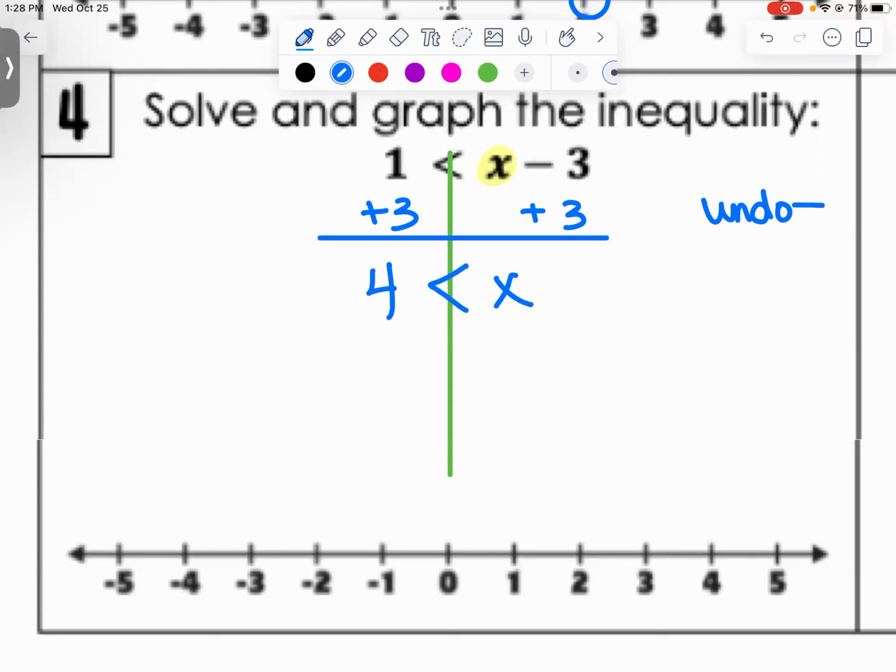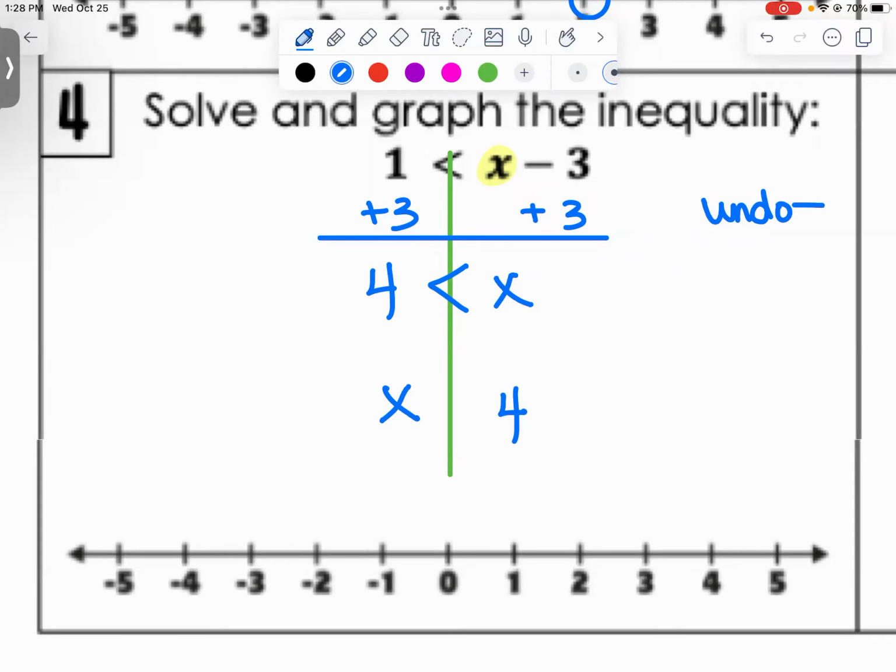Now, some of you have been working ahead, and I worry that you may have grasped this wrong. What did I tell you about the variable? Katem? It's better to have it on the left side. It's best to have it on the left for a lot of different reasons. So I don't want this to be your answer. I want you to flip flop X and 4.